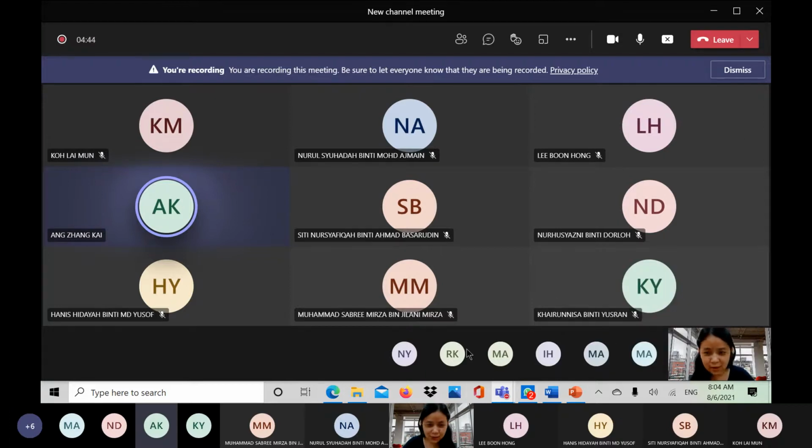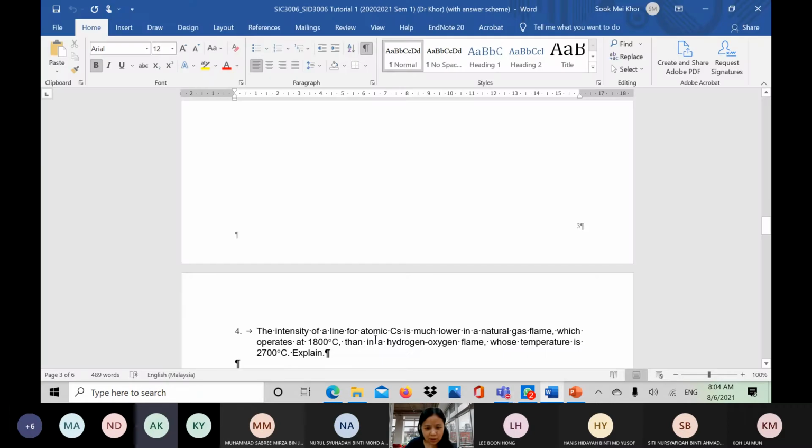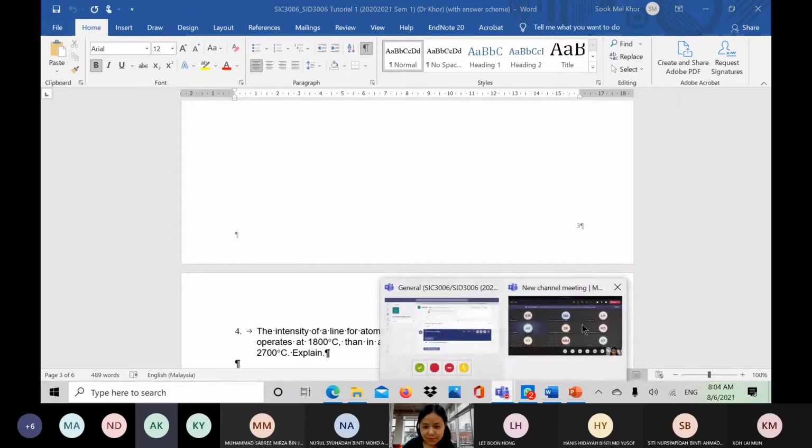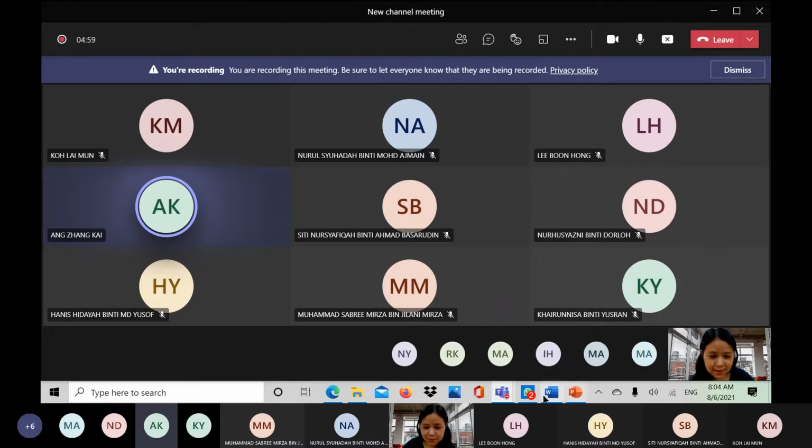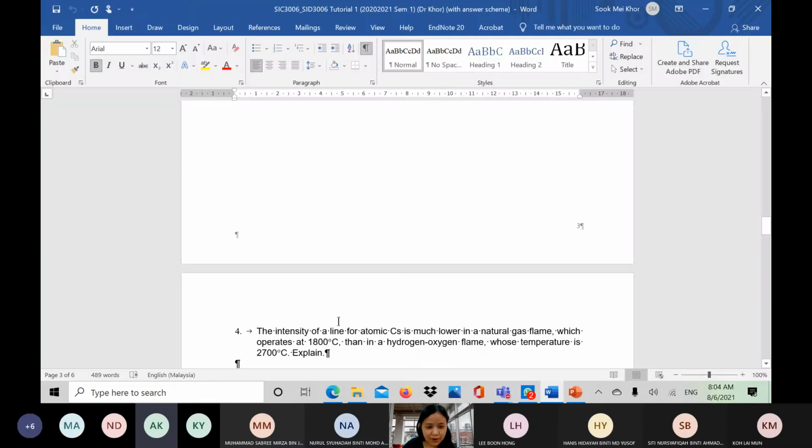So Ang, if you are convenient, please turn on your camera as well. Can you tell us, this question is about which technique? Ang? Would you mind to switch on your camera? Right, so it is about what technique? This question is about which technique?